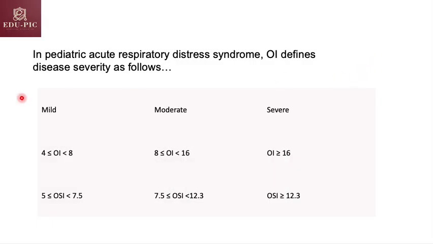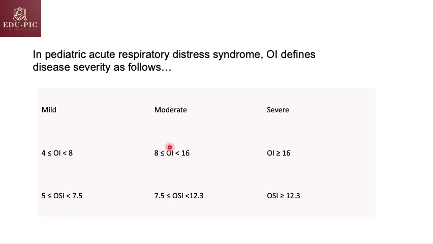So how to define the severity of the disease in pediatric acute respiratory distress syndrome? Oxygenation index defines the disease severity as follows. Mild if the oxygenation index is from 4 to 8 and OSI from 5 to 7.5.